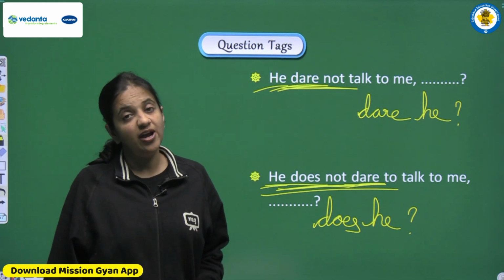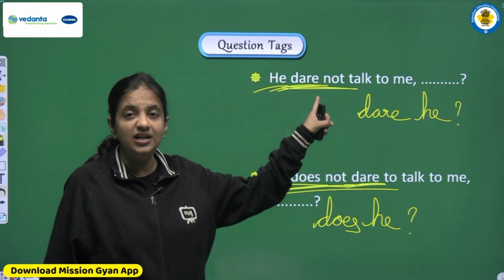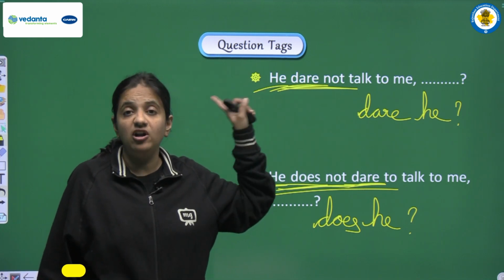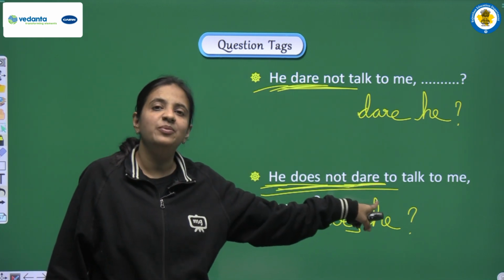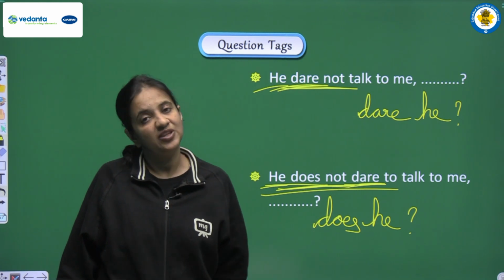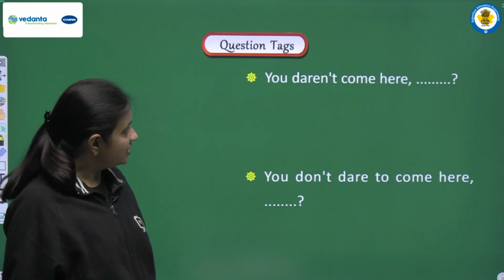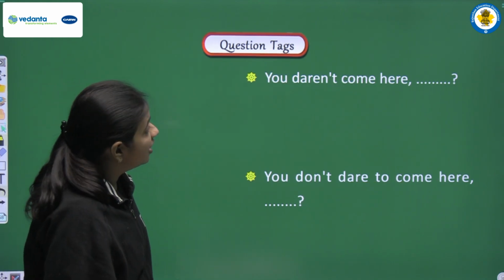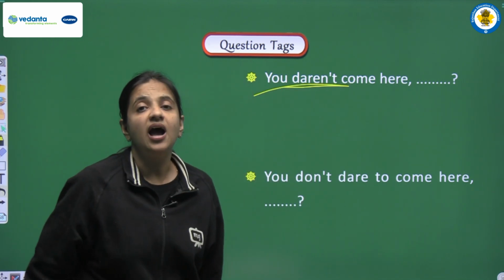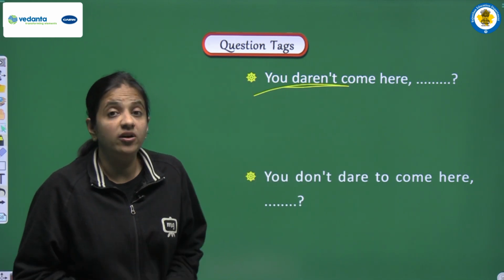Okay, so yes, you have to be very careful about this word, dare. It can be used in two ways. It can be the modal auxiliary, and it can be the action word, or we can say the main verb. Next is: you daren't come here. Again we have daren't, and here in this sentence we have this word as the modal auxiliary.